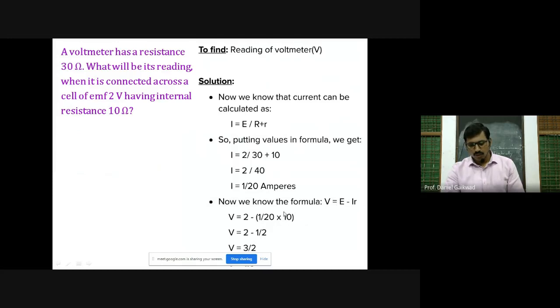The 0 gets cancelled, so 1 by 2. So 2 minus 1 by 2, we obtain 3 by 2. The answer is either 1.5 or 3 by 2 volt. That will be the reading of the voltmeter. That is very simple. You try to solve by yourself. Just check the solution and practice the same. Okay, next.